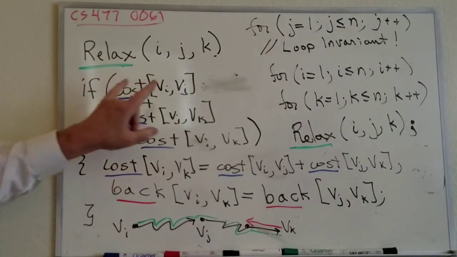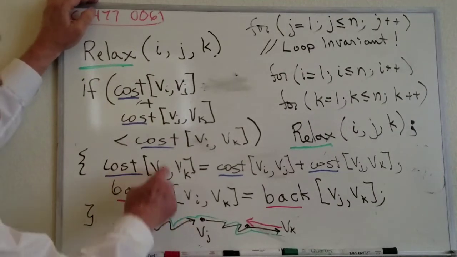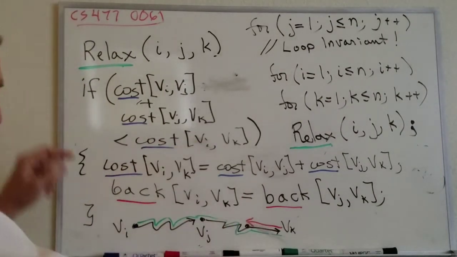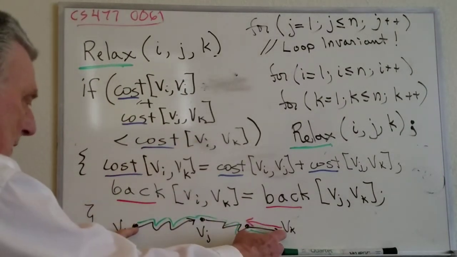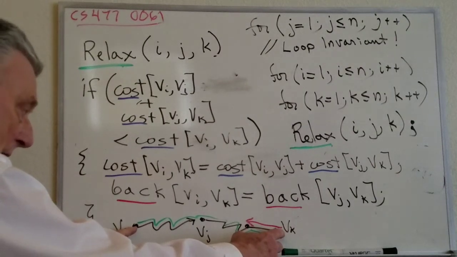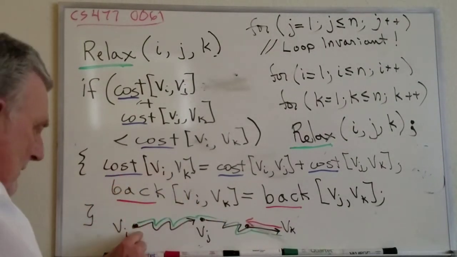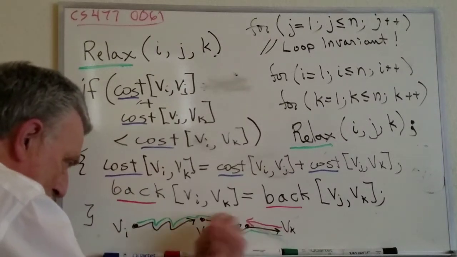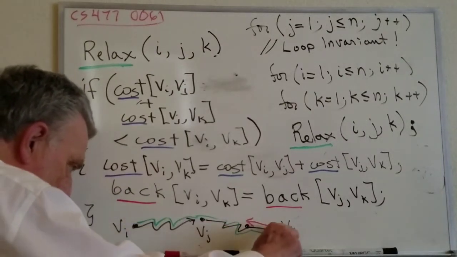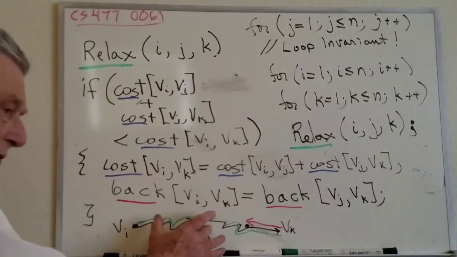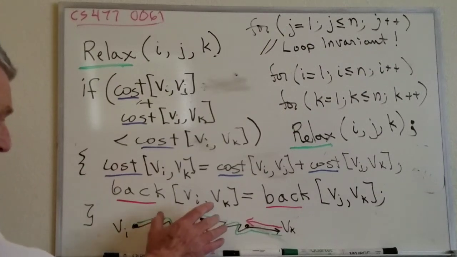So if the cost of this path plus the cost of this path is less than the cost of whatever we have before from i to k, which of course could be that we don't have anything, it could be infinity, then we're going to reset the cost of the path from i to k to be the sum of those two costs, because the new path is the concatenation.